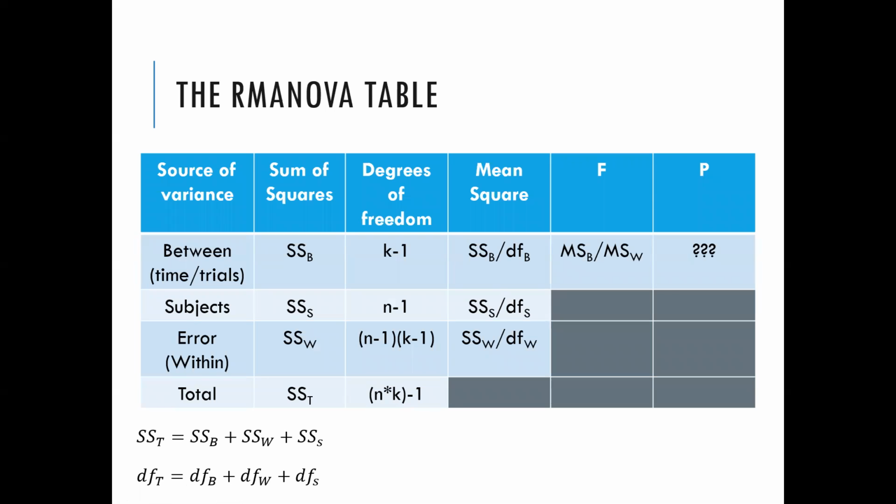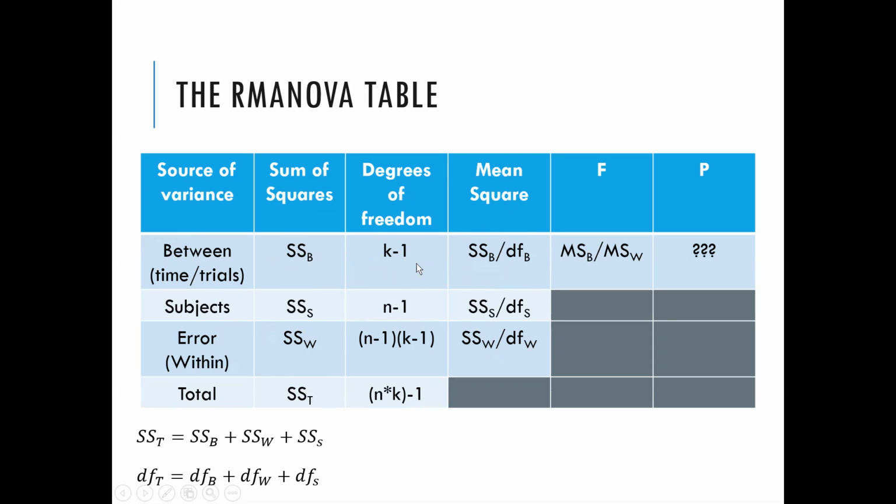So our repeated measures ANOVA table looks similar. We had the between, we had within, but now we have this subjects row. And then again, if we were to add up all the variability, we get the total. And then similarly, we have the mean square, which is just the sum of squares divided by the degrees of freedom for each corresponding source of variance.